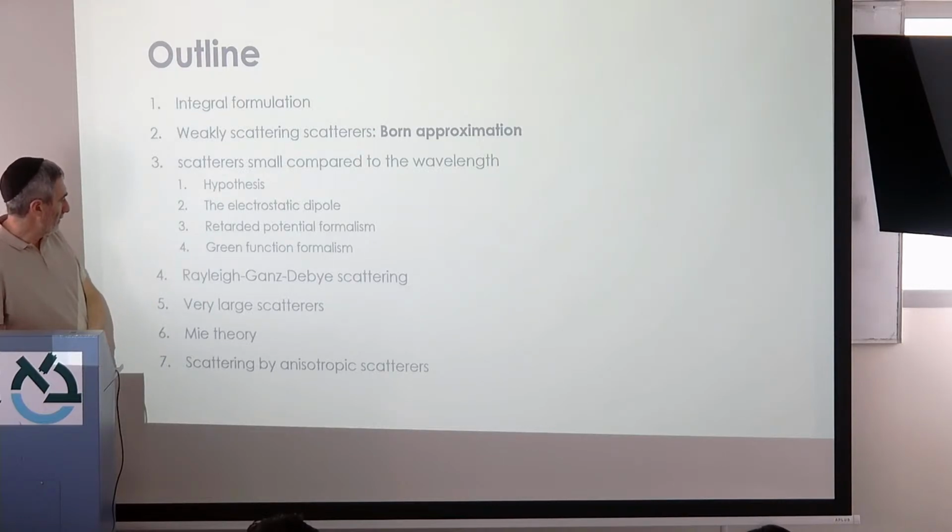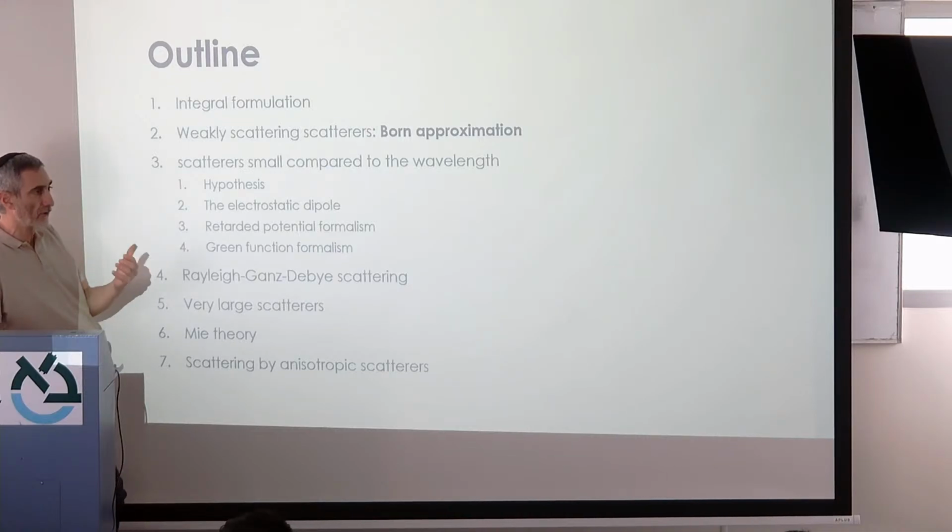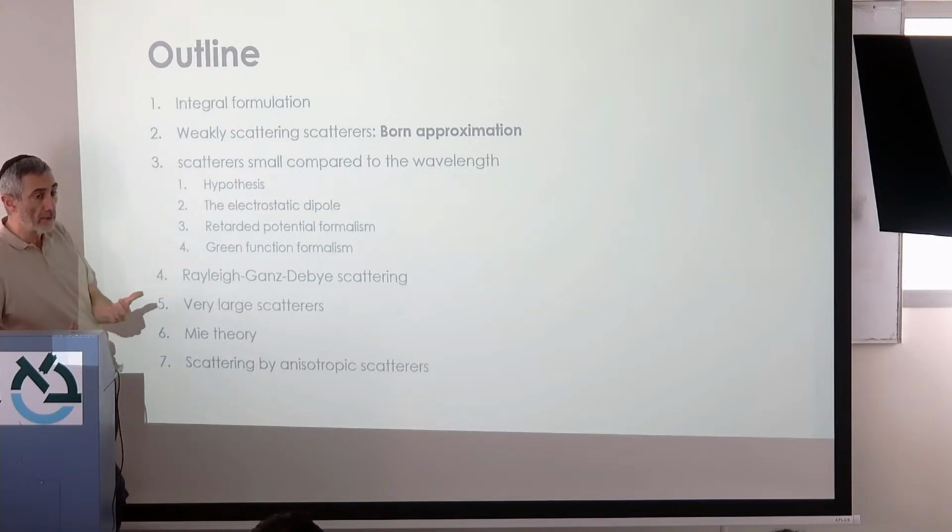Okay, and I will detail here the calculation and how far we can go in that specific case. And then we'll go to more or less the same class of scatterers: Rayleigh-Debye scattering. This is in the case where the scatterers don't have a strong index contrast, so they are like weak scatterers. Okay, so the hypothesis is not on the size but on the index contrast. And then we'll go to the other limit, which is the case of very large scatterers, in the case of Mie theory.